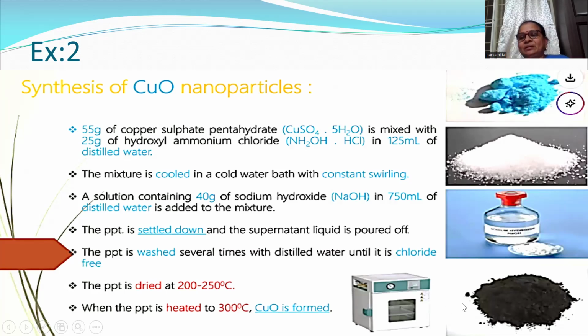This has many applications. Like that, every nanoparticle has its own procedure with the necessary compounds to combine, and using the precipitation method, top-down approach or bottom-up approach according to requirement, nanomaterials will be made.